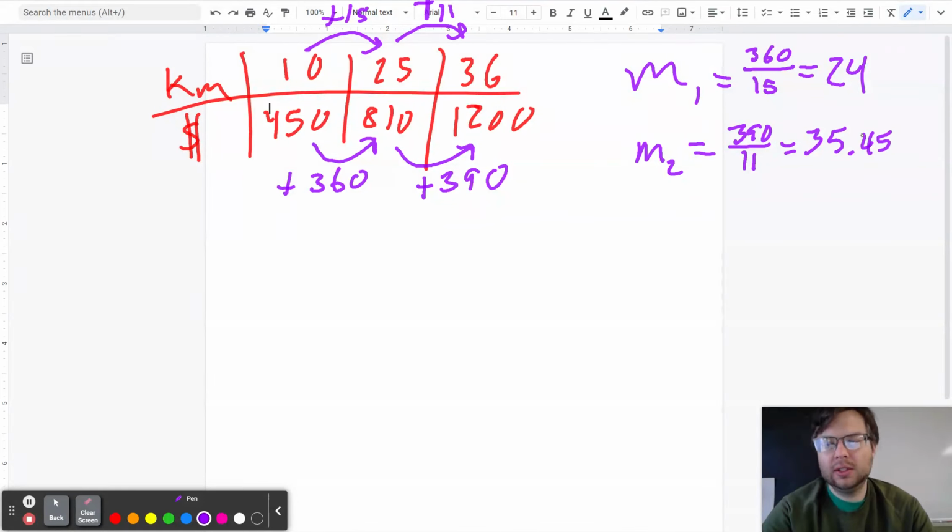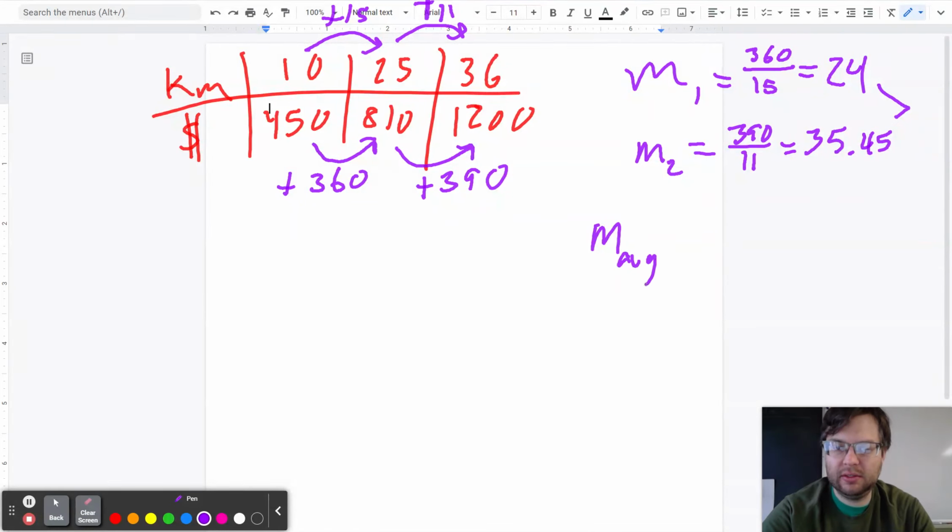35.45. So one option is to use your graphing calculator to get the line of regression by typing those in. A little bit more of a naive approach, and something you can do by hand without having to have access to technology, is just to average these two values right here.